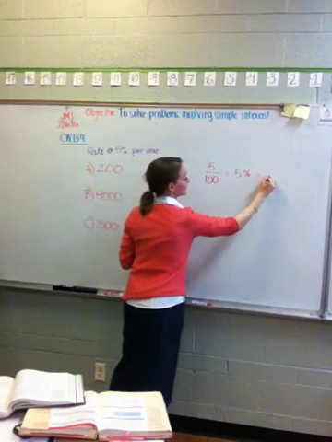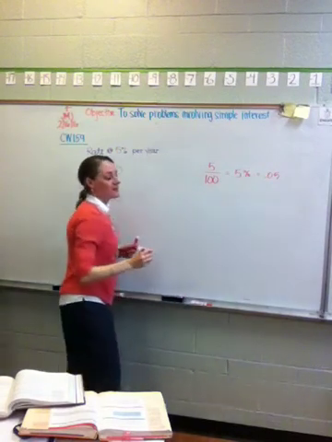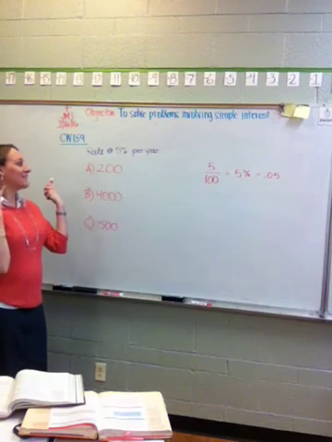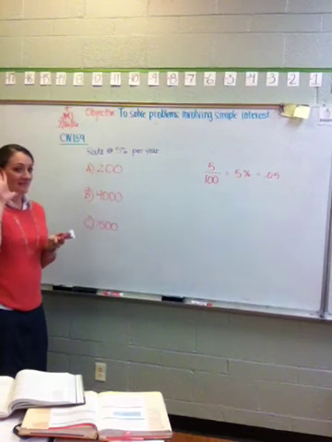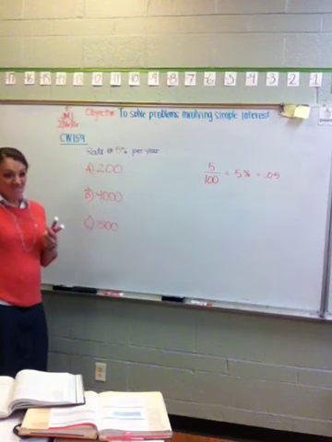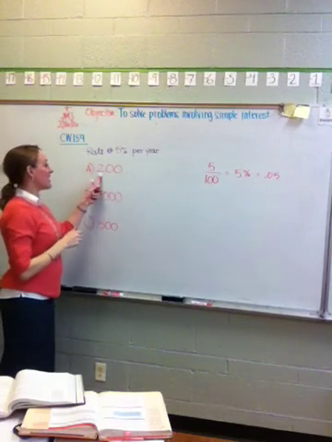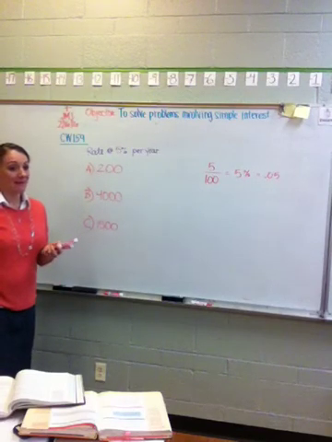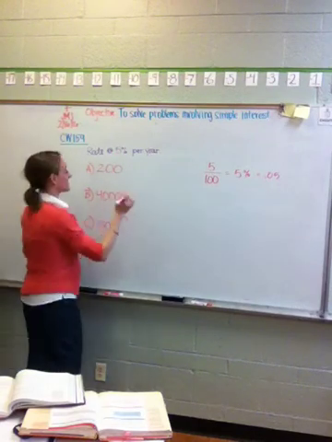This is equal to 0.05. Fraction, percent, decimal. How much is 5% of 100? 5. So if I have 5% of 200, what's it going to be? 10. Just stick with 10.